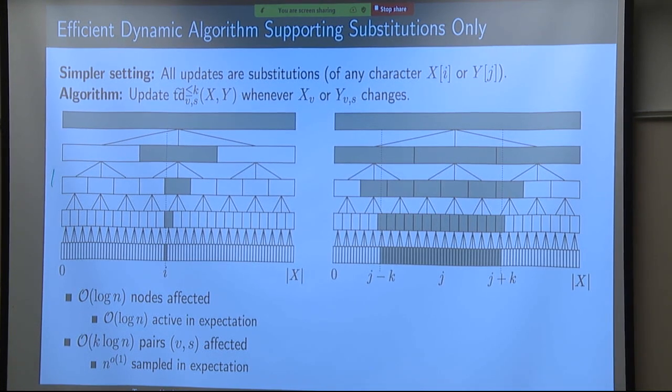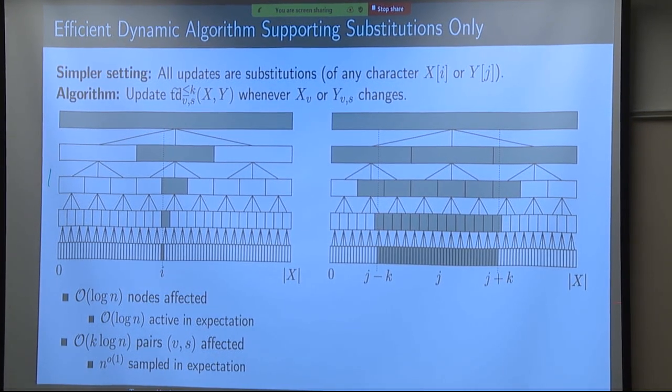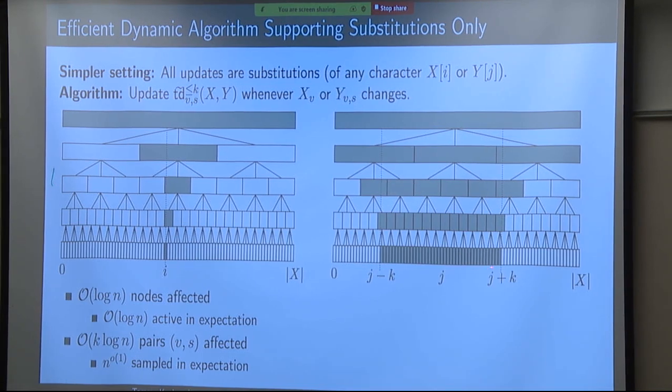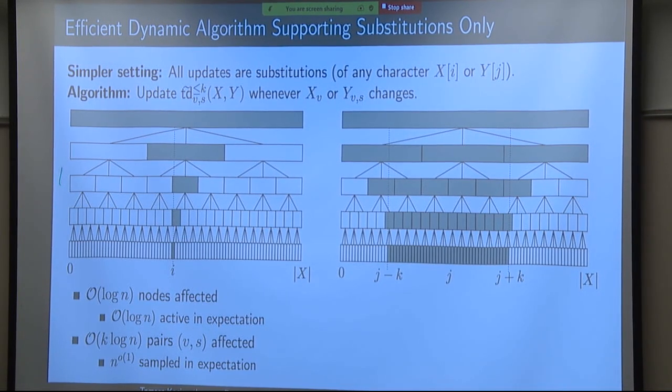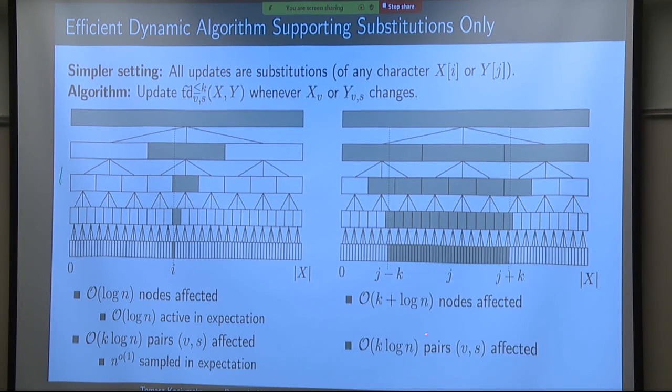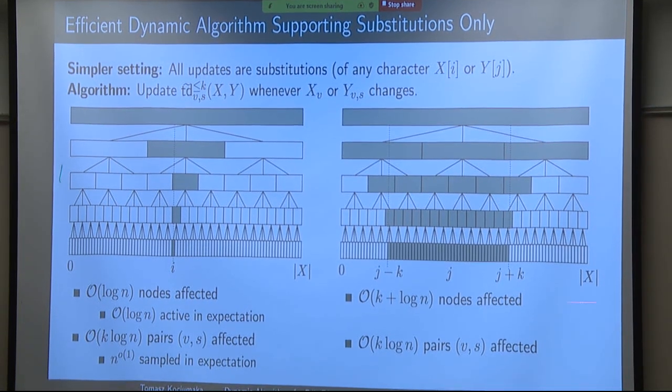Whenever we have a substitution in y, it's more complicated because it is compared against multiple characters in x within a range of plus minus k. So here the number of nodes affected is kind of large, k plus log n. The number of shifts is still k. But now we use the fact that we only work with nodes which are active. Among these k plus log n nodes, the number of active ones will be sub-polynomial.